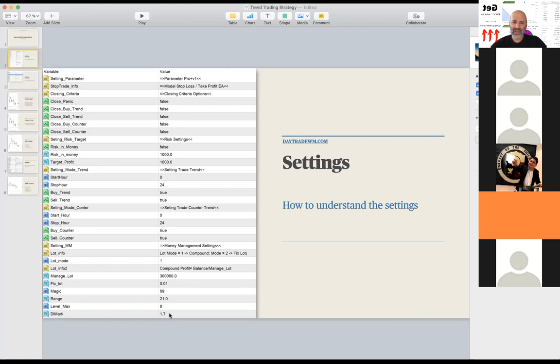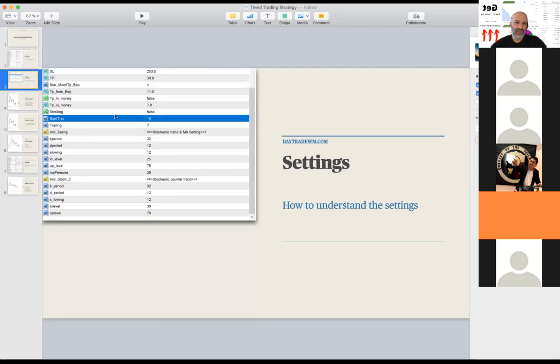If you start here with 0.01, and you have like 8 maximum levels, then all the levels will trade at 0.01. Okay. If you want a less aggressive martingale, you can set this to 1.5 or 1.3. Now 1.7 is aggressive, and the higher this number, the more aggressive your martingale will be.